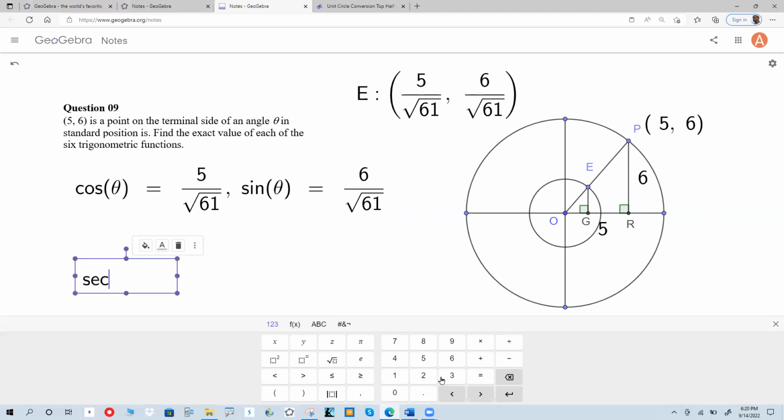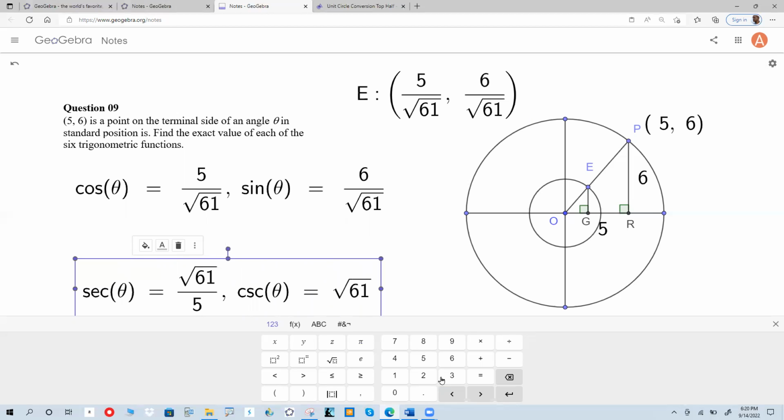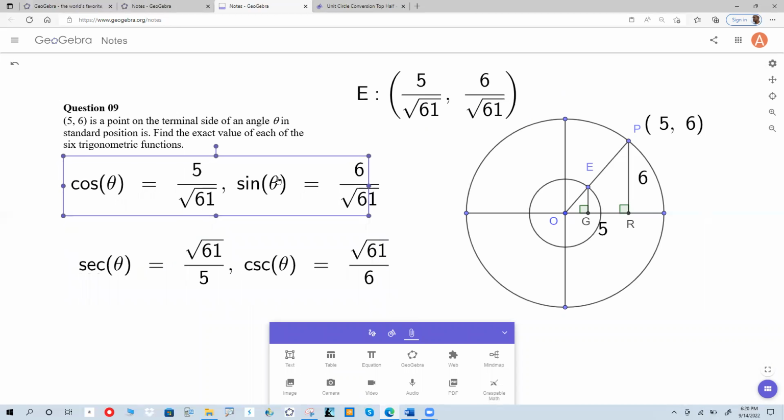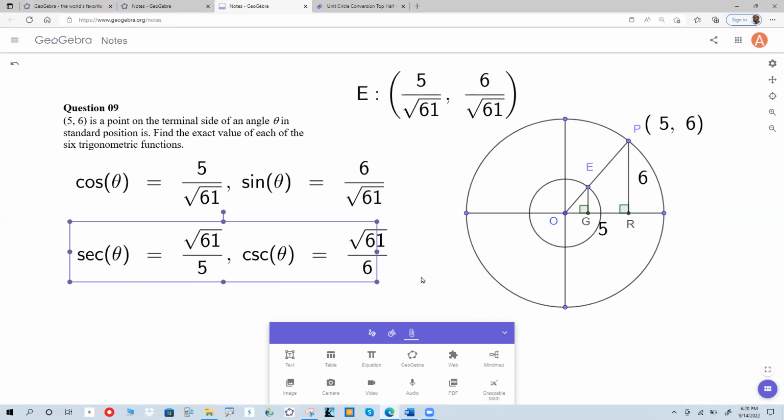Secant theta is simply the reciprocal of cosine theta, and cosecant theta is simply the reciprocal of sine theta, which will turn out to be this number. Okay, so we got 4 of them right here. I need to know the other 2.